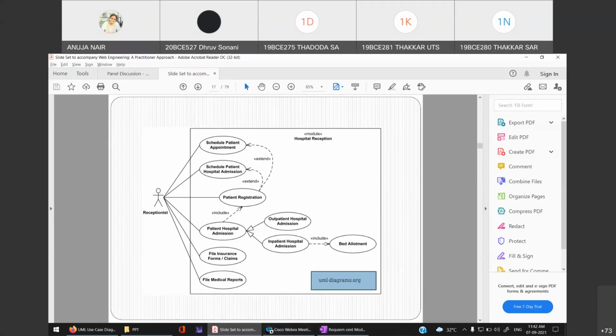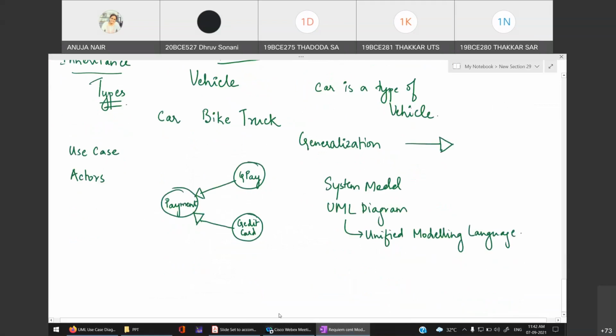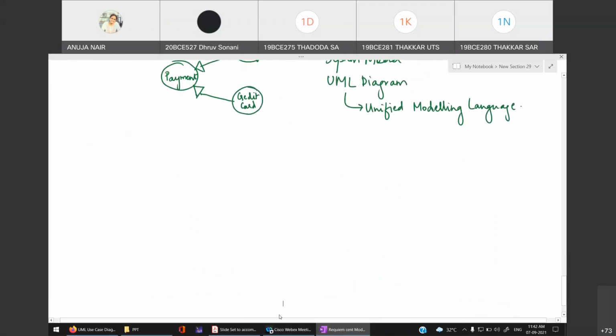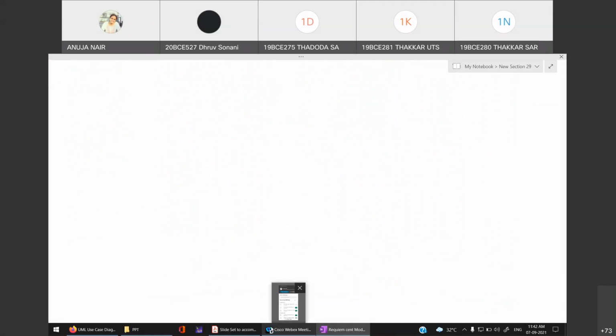One more thing I wanted to tell you is that whenever you are making a use case diagram, you can make it actor wise and also use case wise. What do I mean by actor wise?